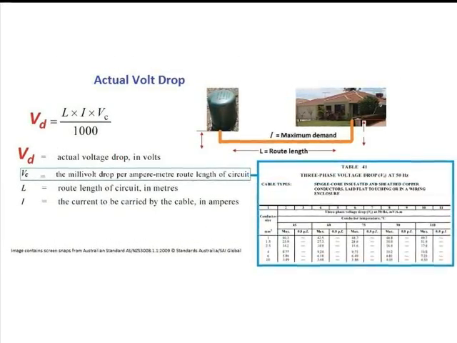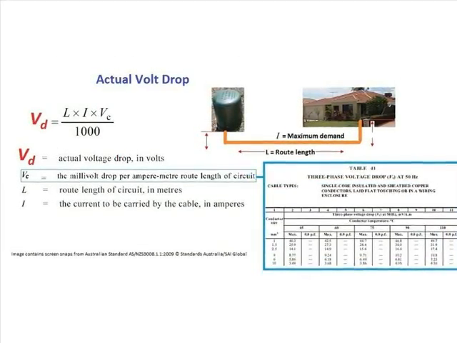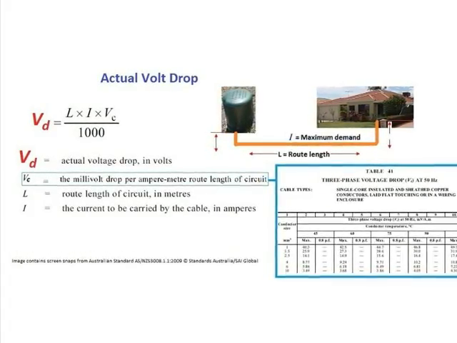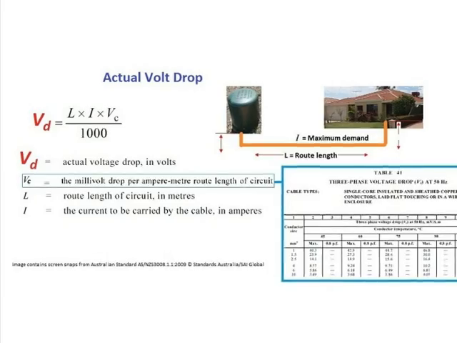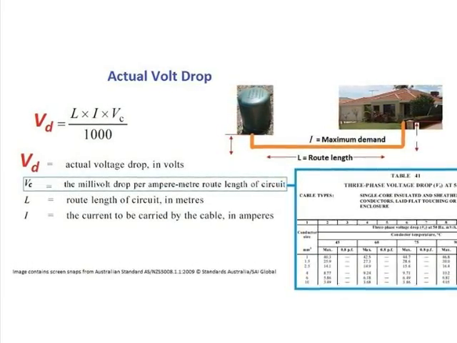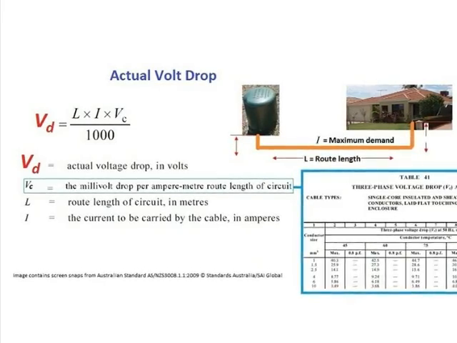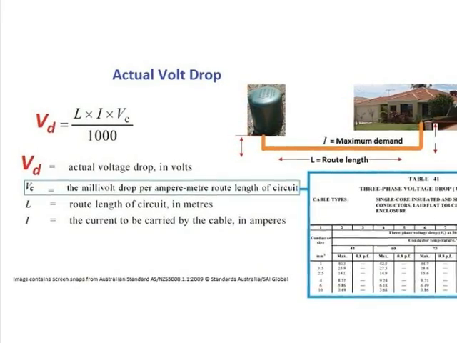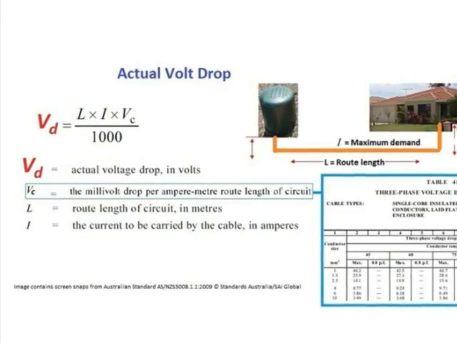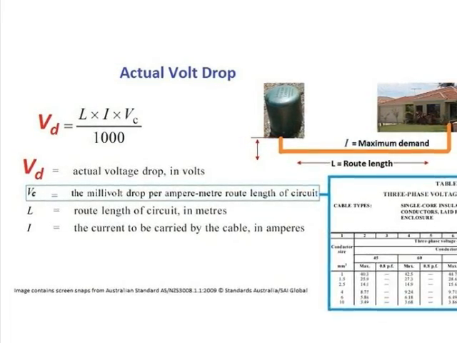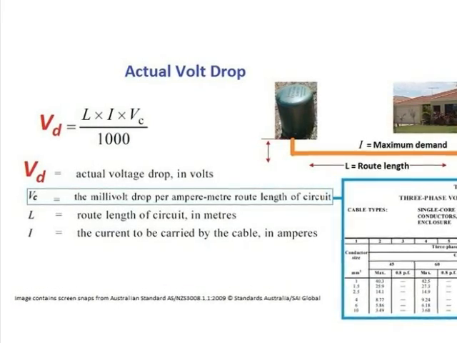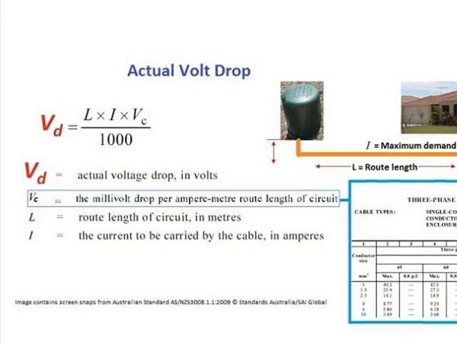Also, you'll see in section 4 of the 3008 that it provides you with the formula for Vd. Now this is just a transposition of the other formula, of course. Here Vd, which is the actual volt drop in volts, is determined by multiplying the route length of the circuit times the current, which is the maximum demand or the current draw on the circuit, on the appliance, times the Vc.